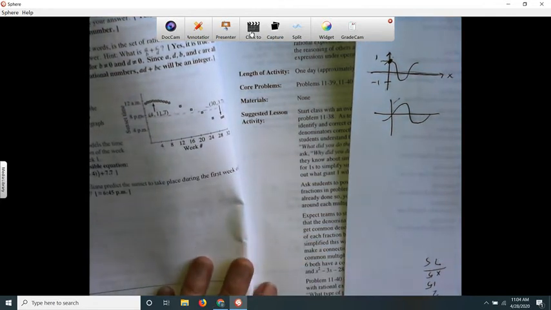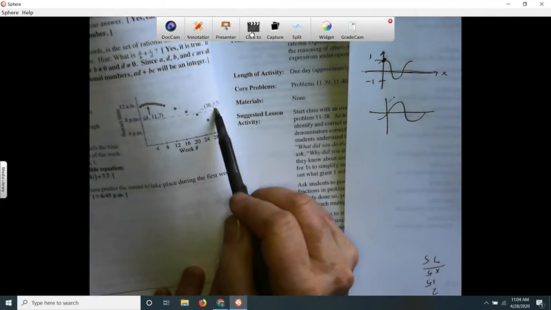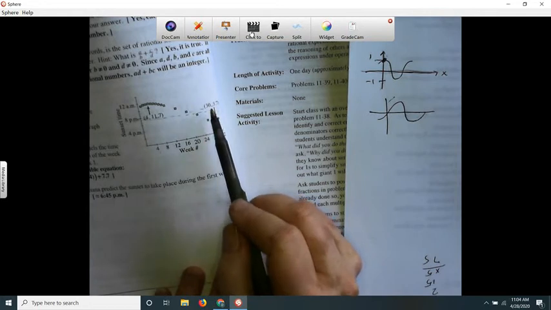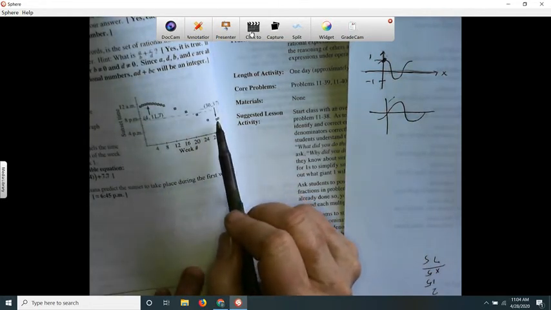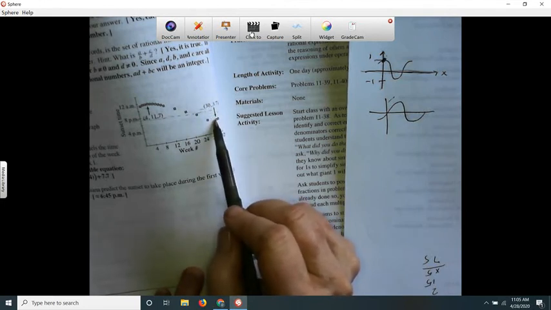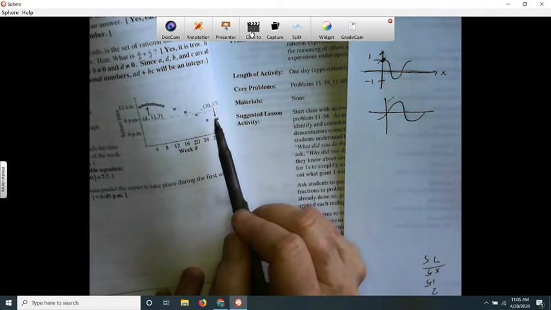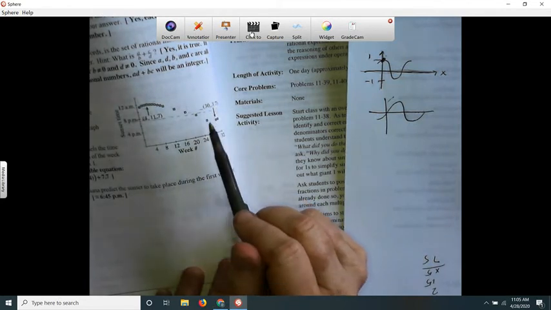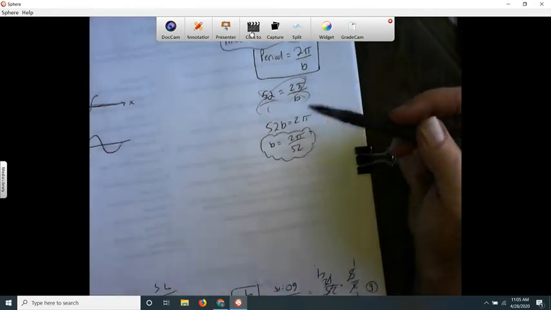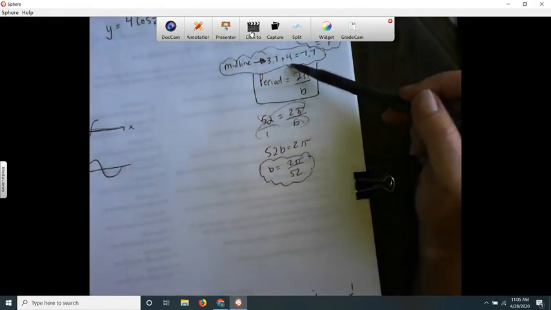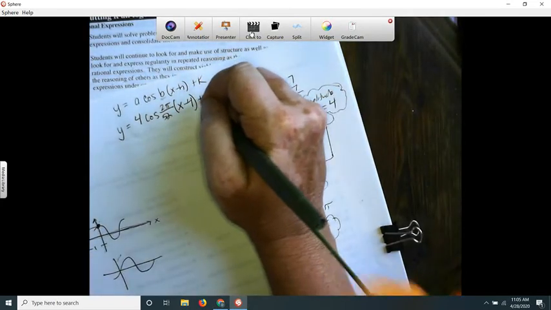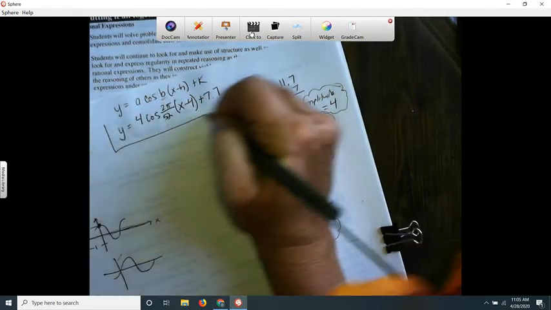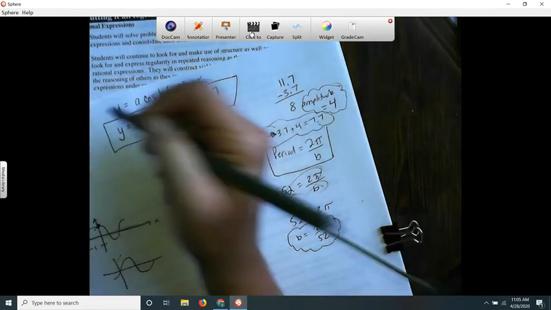I can tell by taking the low point and adding the amplitude. We found that the distance between the low point and the high point was 8, so half of that distance is 4. So I can take the low point, 3.7, and add 4 to it. 3.7 plus 4 is 7.7. So I'm going to add that in, and that's a good model for our graph.